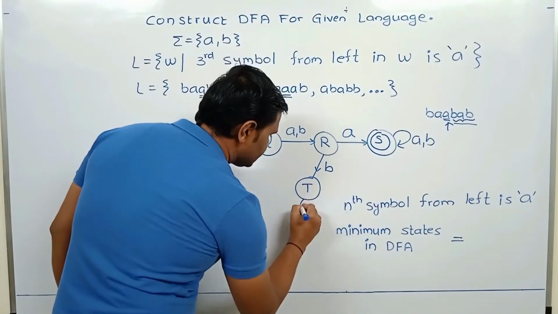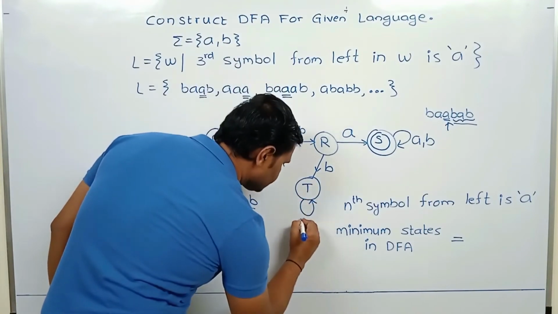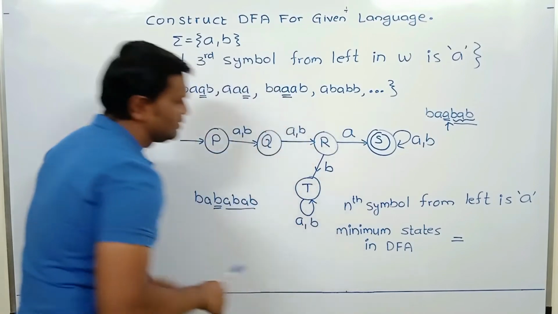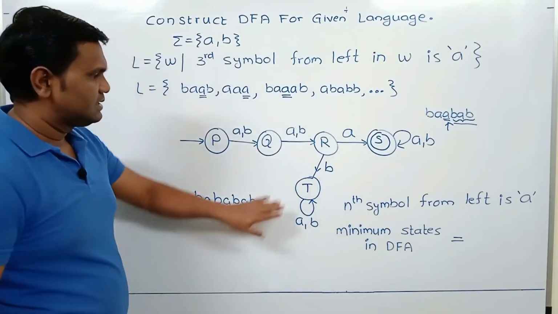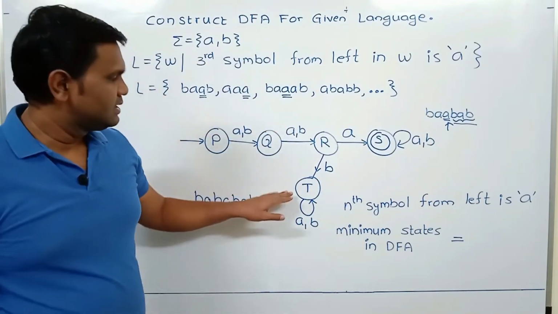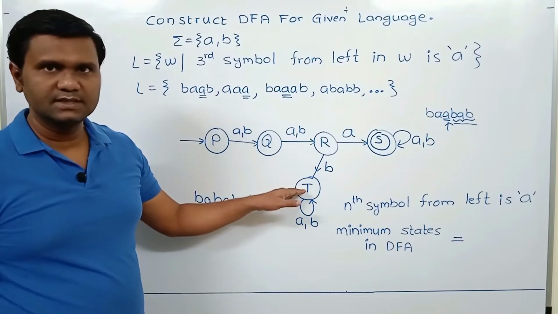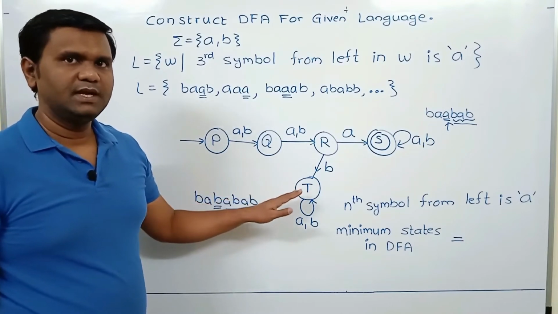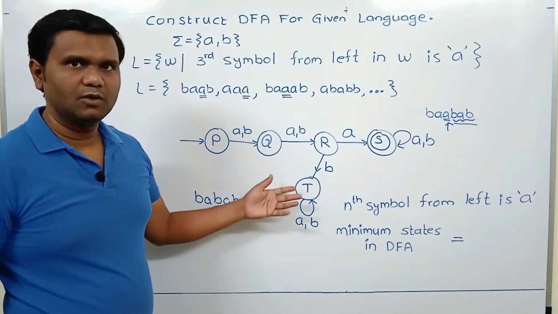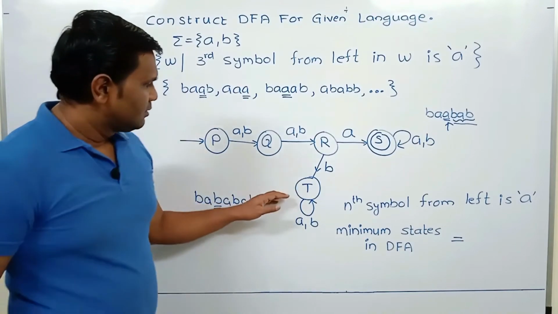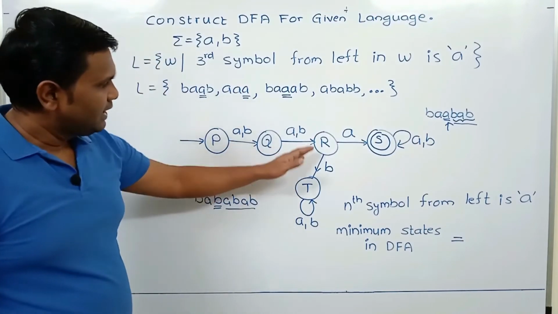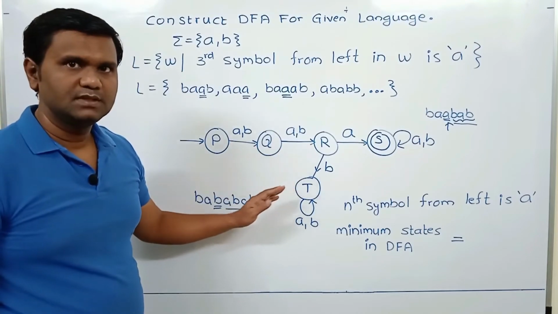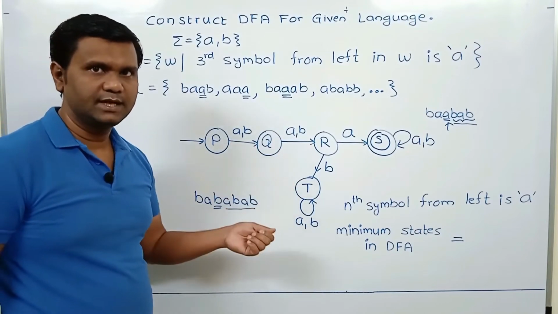So we add this trap state. This state is called the trap state. It is not necessary to name this state as T itself. You can name it anything, Z or P or Q or anything. But the thing is, once the DFA enters this state, the string will be rejected.